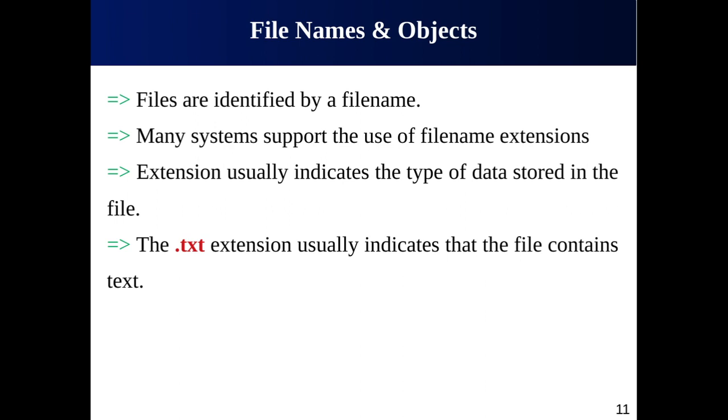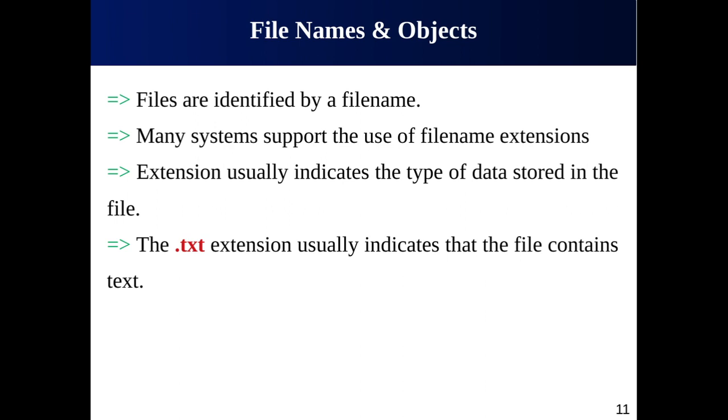And each operating system has its own rules for naming files. For example, many systems support the use of file name extensions. Whenever you want to save a file, to give a name to a file, you have to specify the extension. Like the extension of an MS Word file is .doc or .docx.